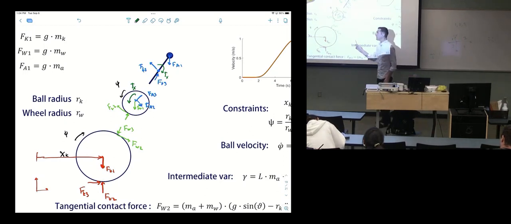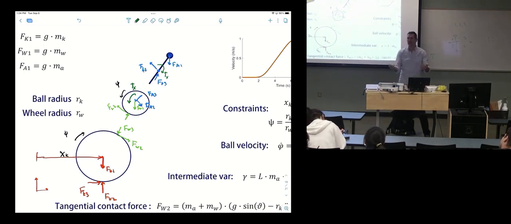So all we did was break our system up, determine the forces acting at each interface, put them into components, and give them names. So that's kind of what's happened here.